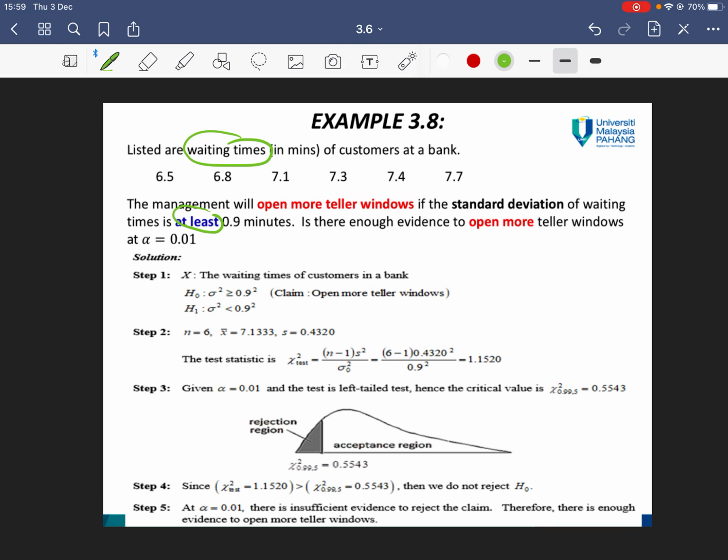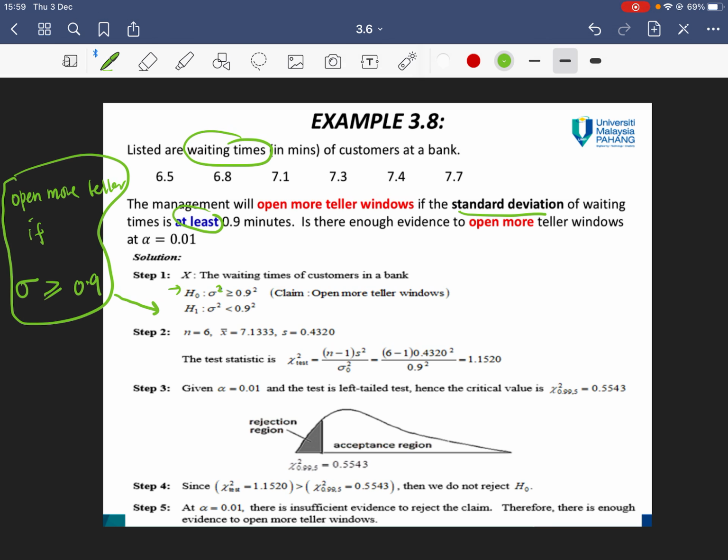So the keyword here is it will open more tellers if standard deviation sigma is at least, greater than or equal to 0.9. This is the claim. So you put the claim here. Greater than or equal to will be your H1.